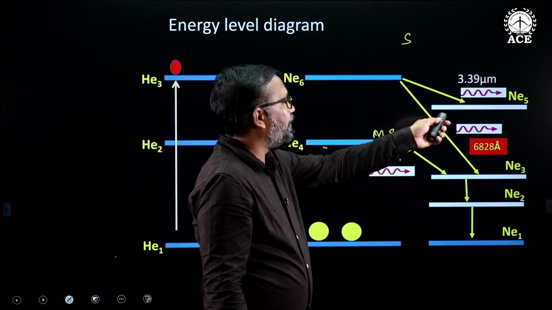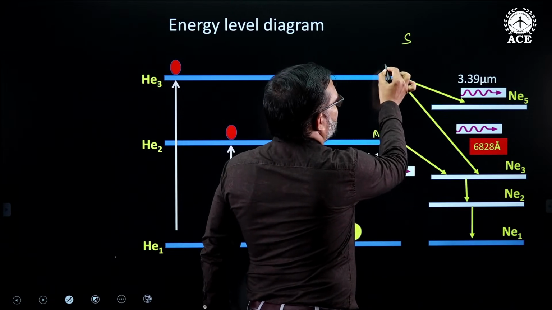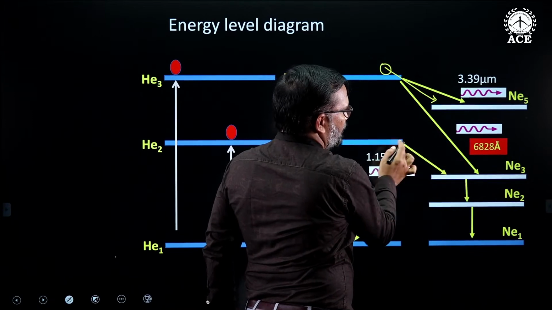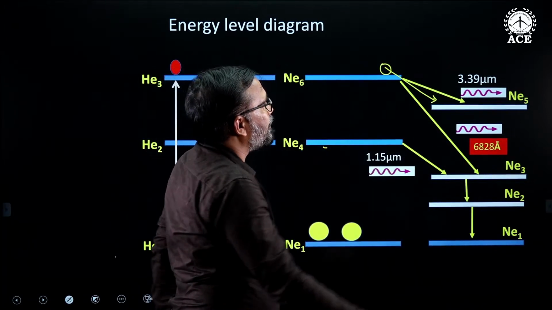Once the atoms have reached here, a few of the atoms make transitions. Here also one transition, here also one transition. So how many transitions do we have?